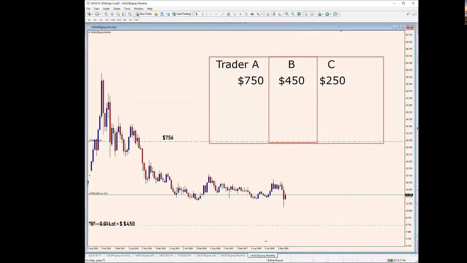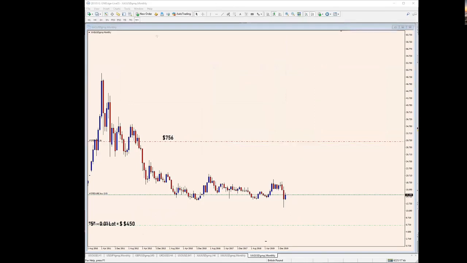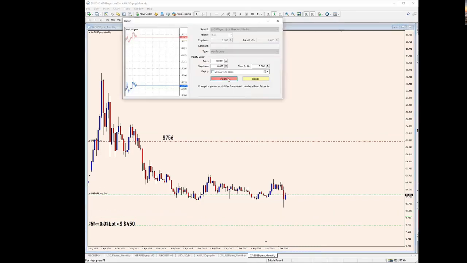Because my risk is up to this and my reward is up to this. Now, second scenario, this is trader A. The same trader, by bringing my stop loss, my sell stop, slightly higher, look at this one.